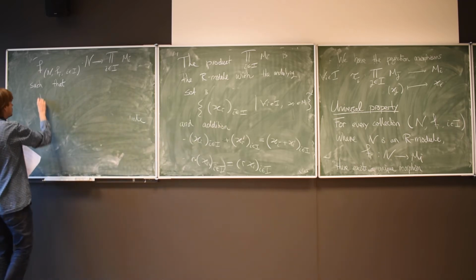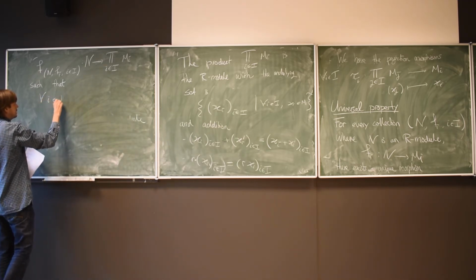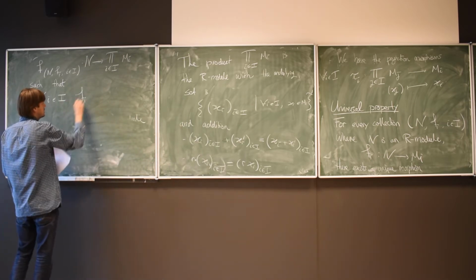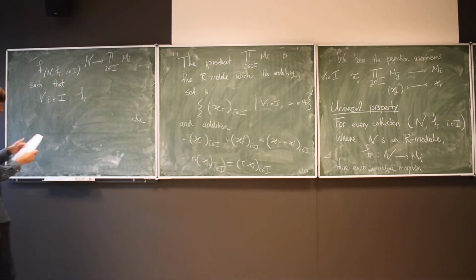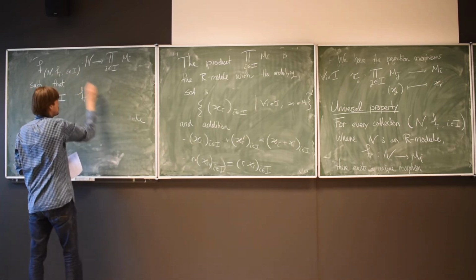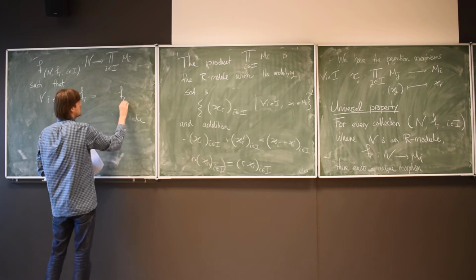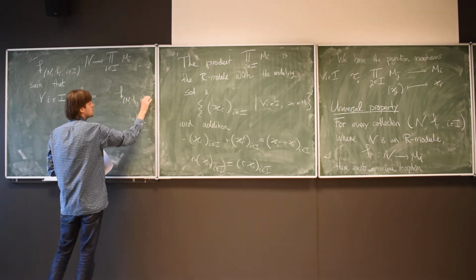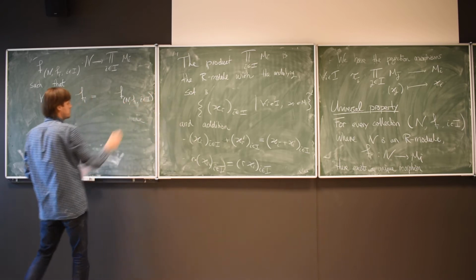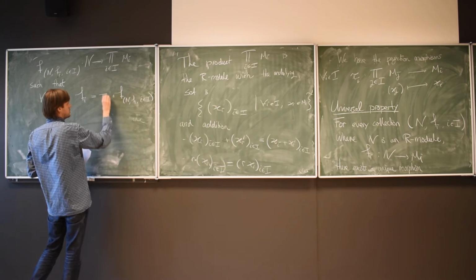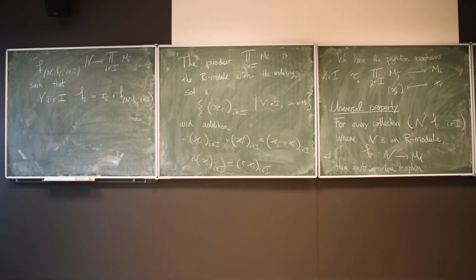So for all i in I, I have that the fi, so the mapping that was given to me, is equal to this universal mapping, or this mapping coming from the universal property, composed with the projection on i.